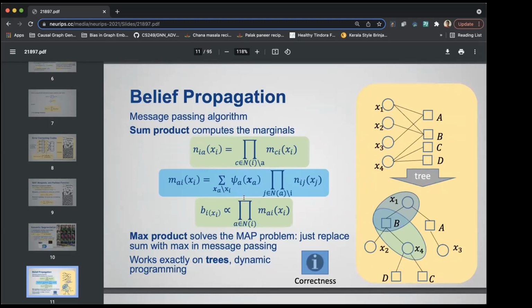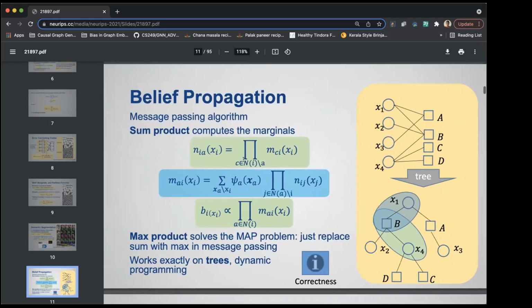Okay, so with all that information, we're going to look at our first message passing algorithm, which is belief propagation. The notation here is a little bit confusing in my opinion, but I think we can work through it. Let's first look at the messages for the random variables. As a high level understanding, we have the random variables on one side, and the factors on the other side.